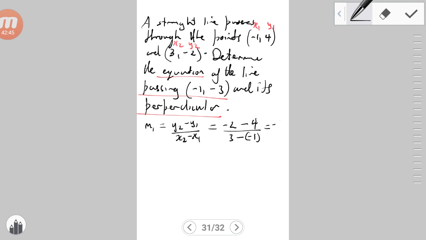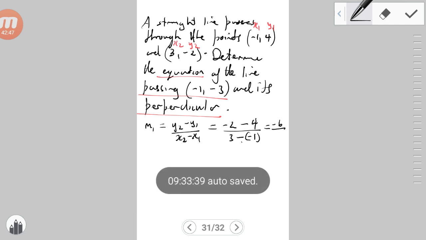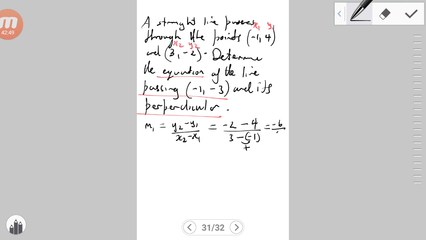So this is -6 over, negative times negative is positive, so that's 3 plus 1 is 4. So this reduces now to being -3/2. Alright, so that's 2 into 6, 3, 2 into 4, 2. So our gradient here of the original line is -3/2. Alright, so therefore that's m1.